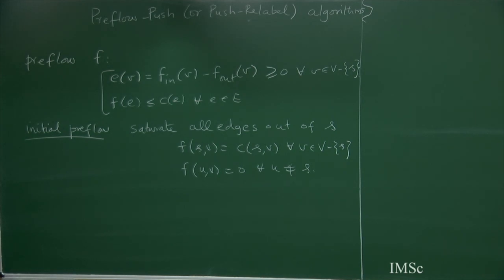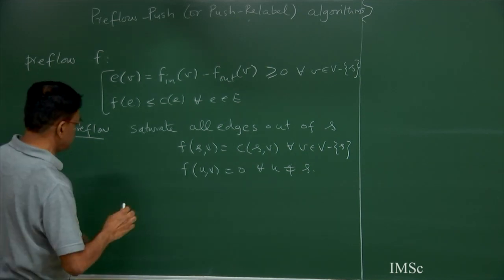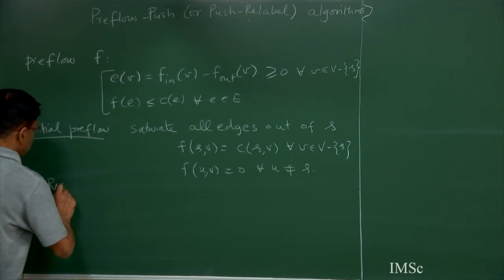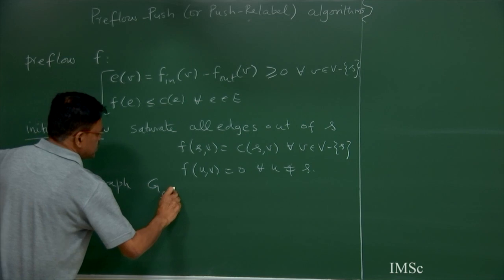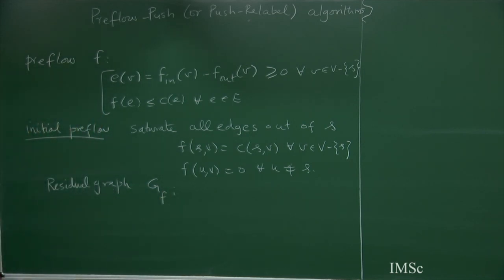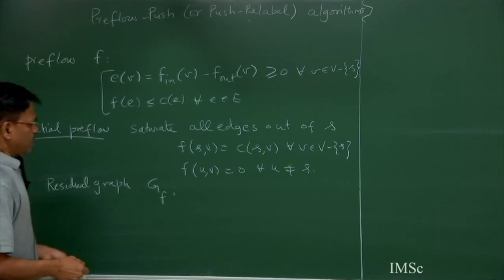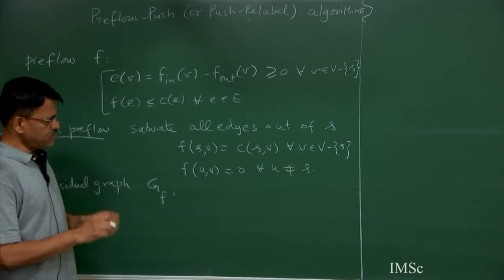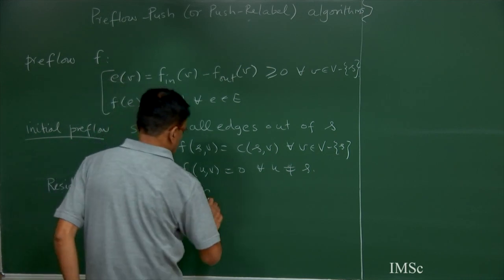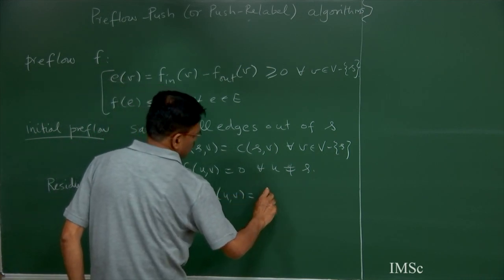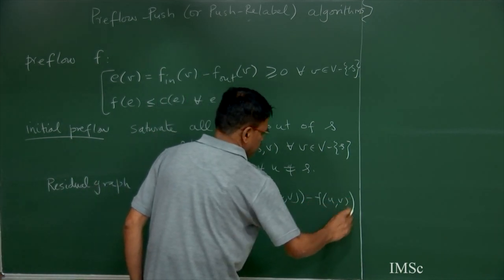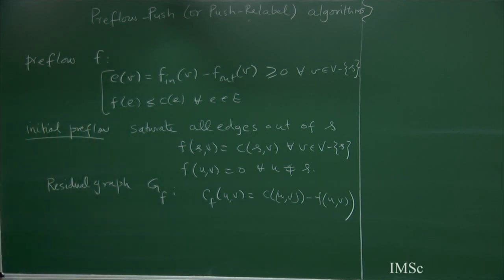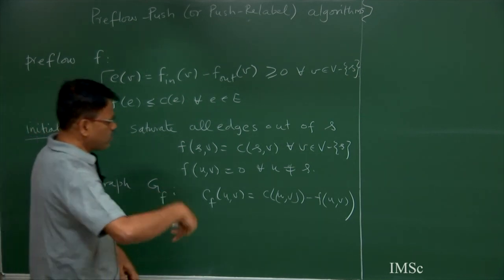So, what is the idea? There is a notion of a residual graph, just like we had the residual graph for a flow, we can also define it for a preflow, on the same set of vertices, where you have an edge uv with the residual capacity, and you also have it in the reverse direction.